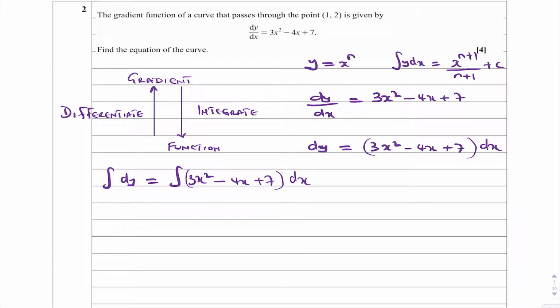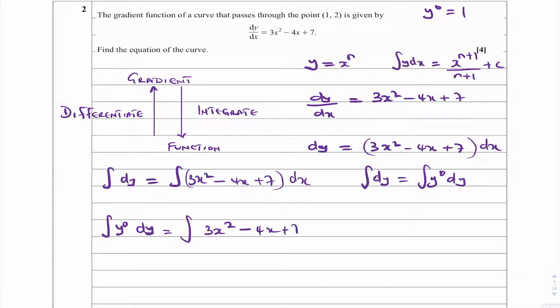But integral of dy is also equal to integral of y to the power 0 dy, because y to the power of 0 equals 1. So we have integral of y to the power 0 dy equals integral of 3x squared minus 4x plus 7 dx.